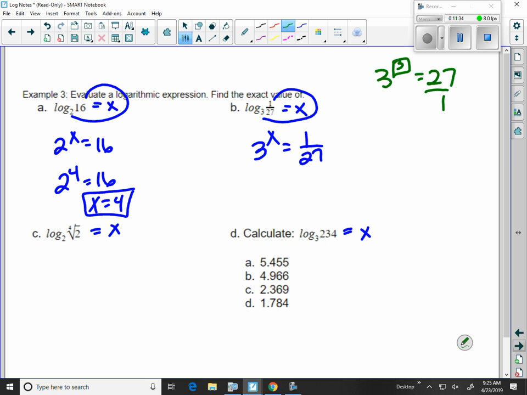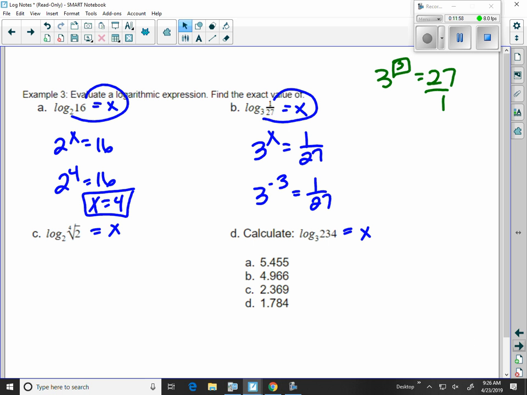Okay, so if an exponent's negative, we need to transition it to a different location. So in this case, if it's in the numerator and we want it to be in the denominator, we just make the exponent negative. So when we rewrite this, 3 to the negative 3rd is 1 over 27. Okay, I'm going to solve that and show you what I mean.